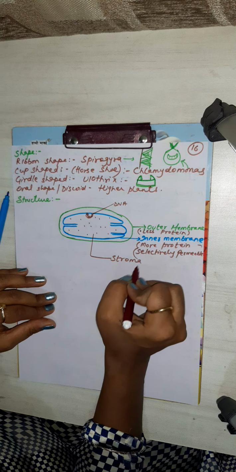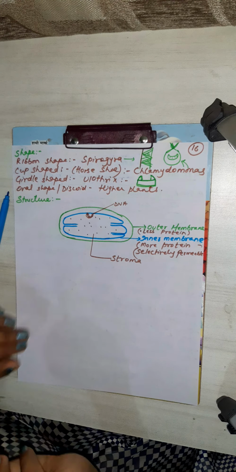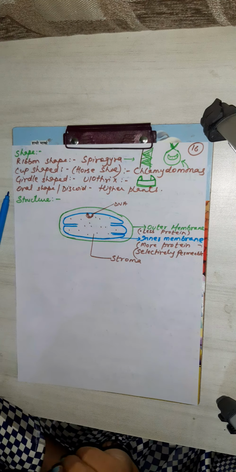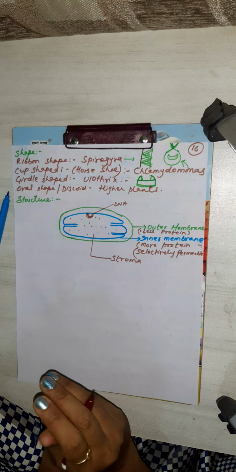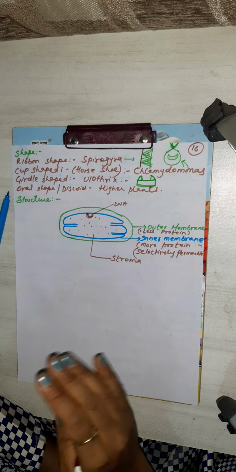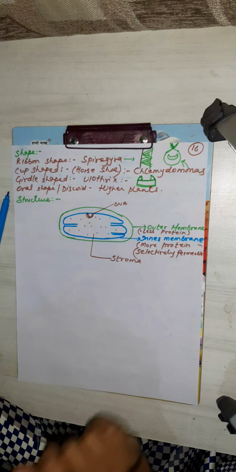It is stroma and it is rich in enzymes for dark reaction. What I have said, वो enzymes पाए जाते हैं which are rich in dark reaction, मतलब जो dark reaction में help करते हैं वो enzymes पाए जाते हैं.